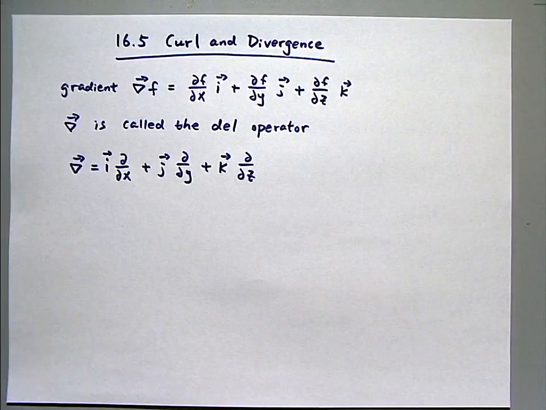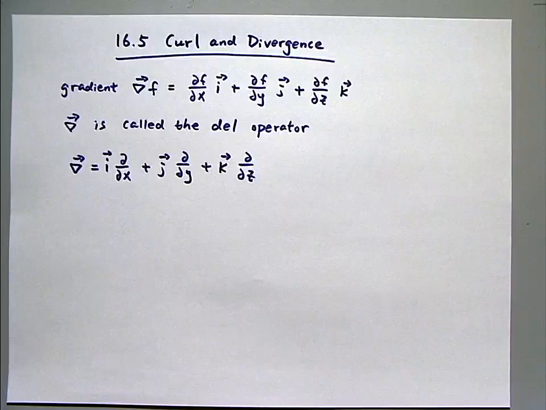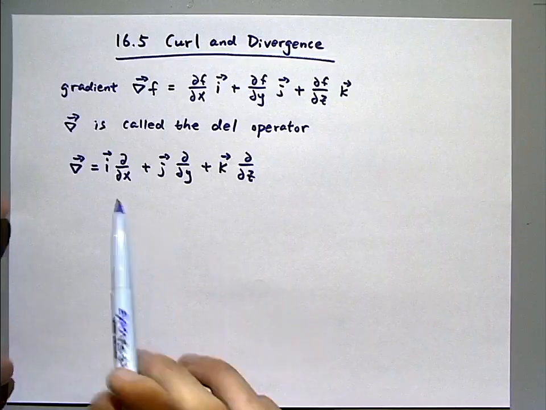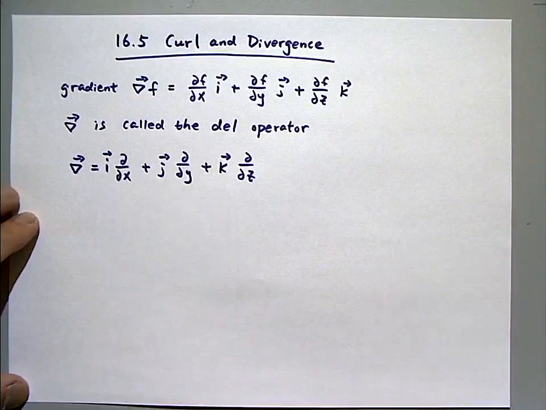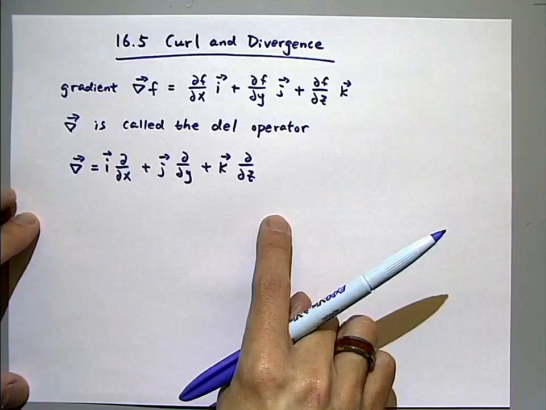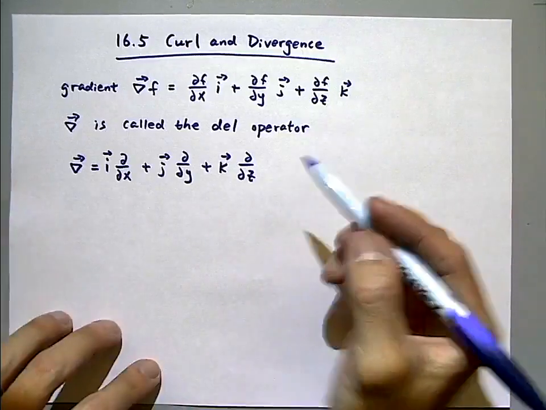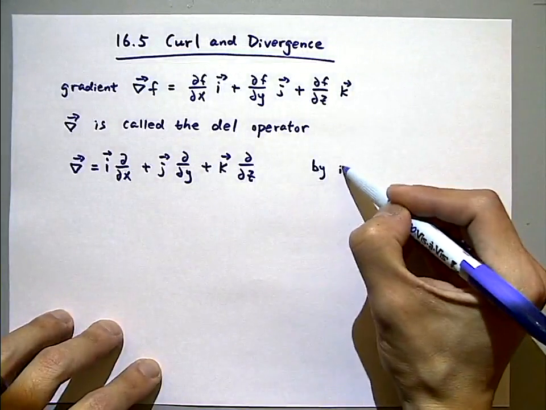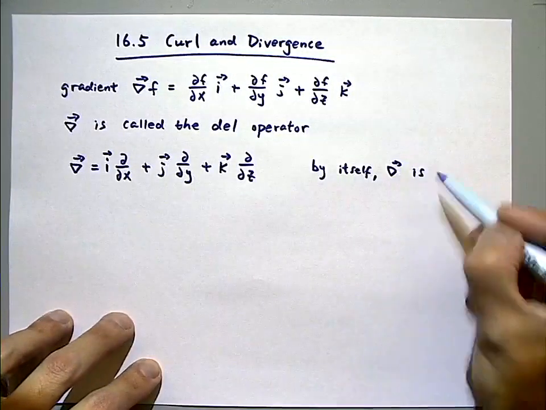It's kind of like a vector because it has i, j, k components, but it doesn't have a magnitude by itself because we know these partial derivative operations mean nothing by themselves. So it's kind of like a vector, has some kind of direction, has some kind of magnitude if it is applied to something. By itself, del is meaningless.